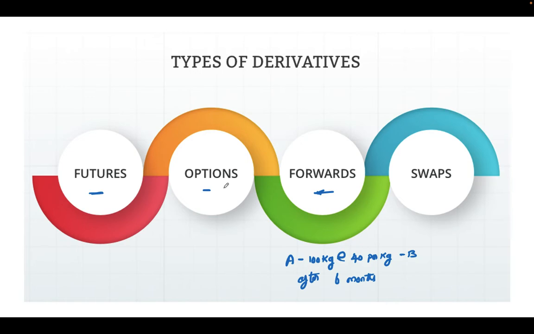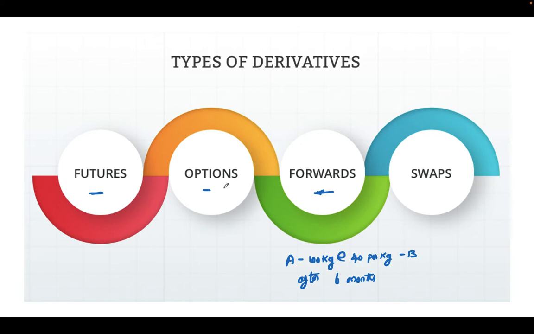So there are two types of option: a call option and a put option. The call option gives the buyer the right without obligation to purchase the underlying asset. The put option gives the buyer the right without obligation to sell the underlying asset.